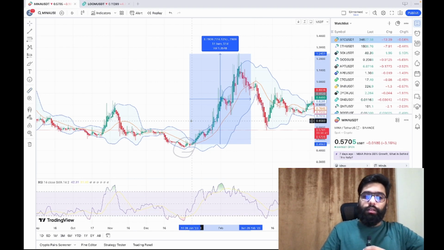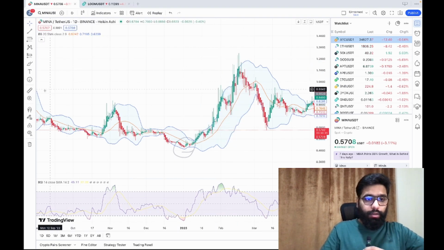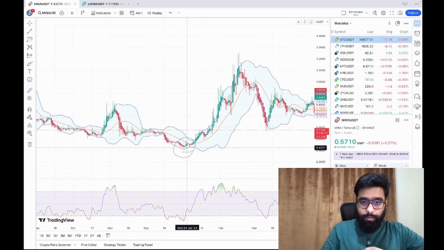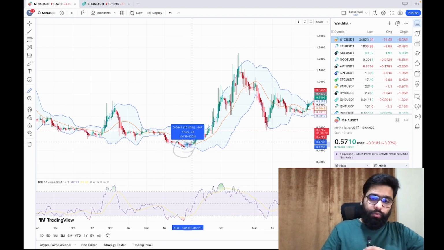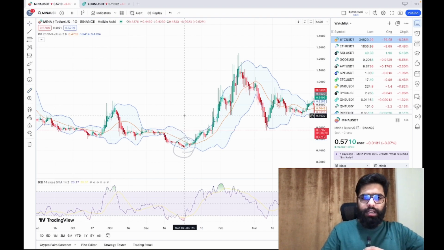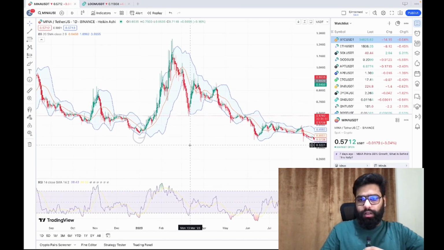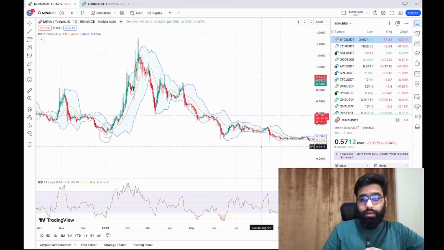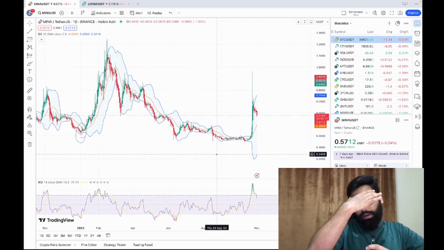Still, it's not on a single day, but even if we talk about a single day, it did perform pretty well. A 10% move isn't a bad deal for a cryptocurrency. And in terms of profit, 10% is like, on $100 you are earning $10, and on $1,000 you are earning $100 in profit.